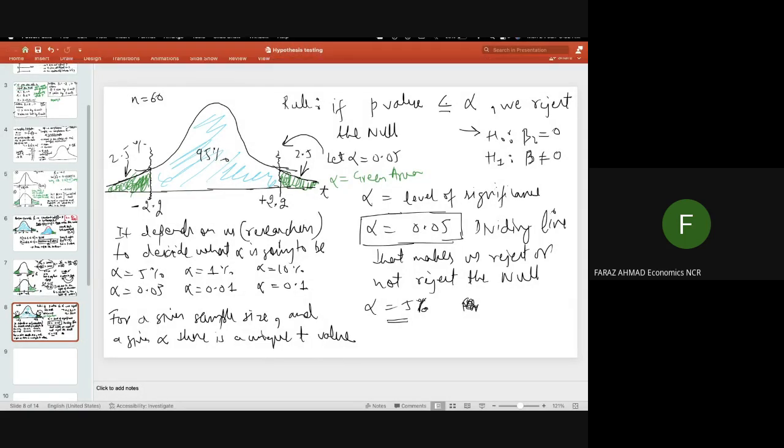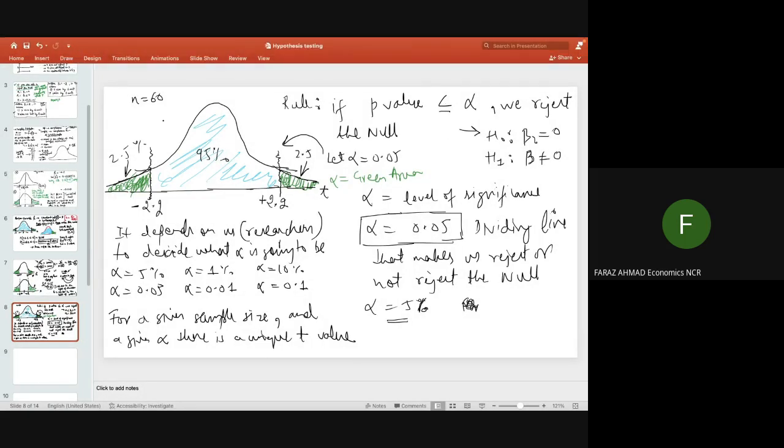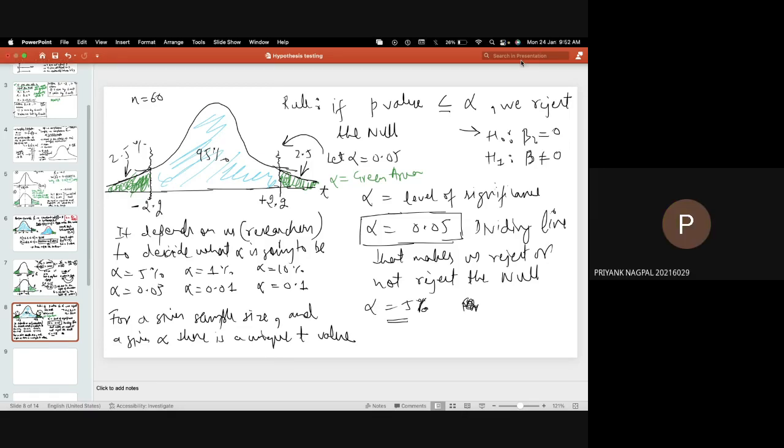So that's the dividing line. Now, how does this help in rejecting and not rejecting the null? Do we have time? So we have like 3 minutes.